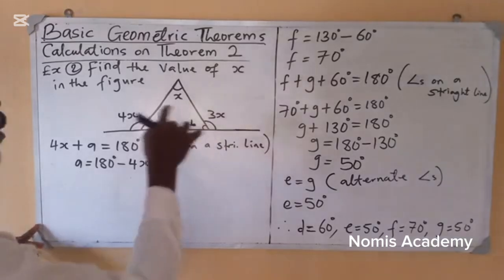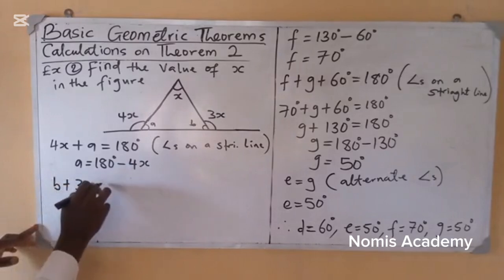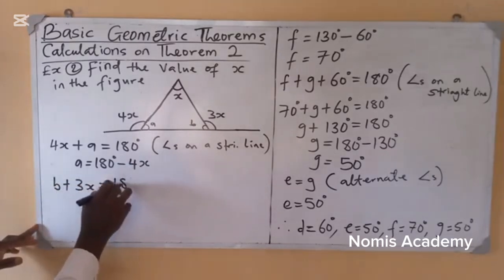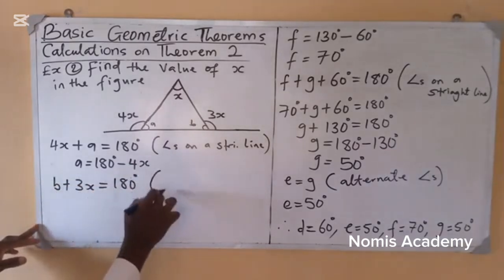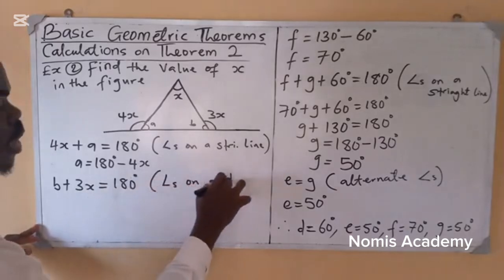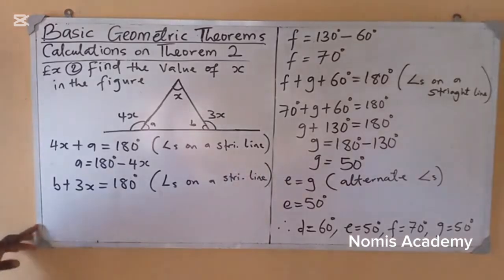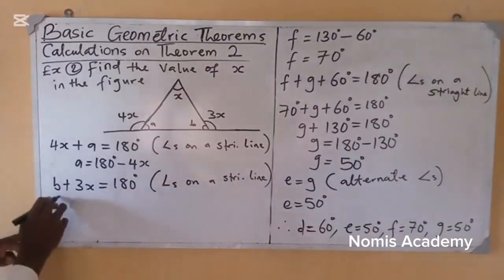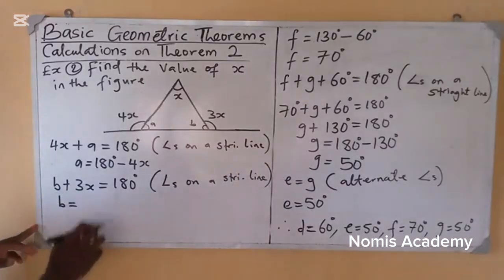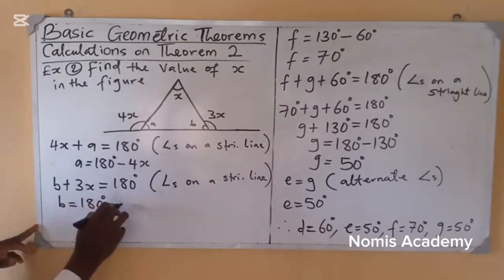Now to find B, B plus 3x equal to 180 degrees. That is also angles on a straight line. So B is equal to 180 degrees minus 3x.